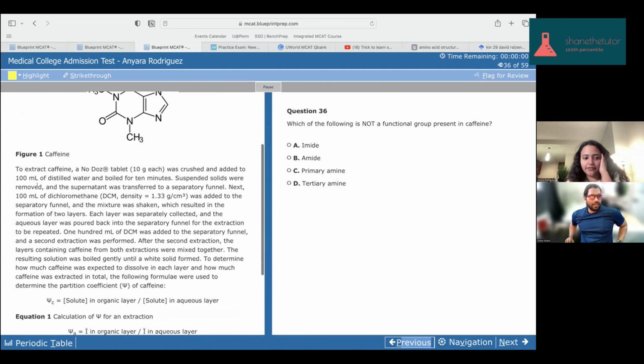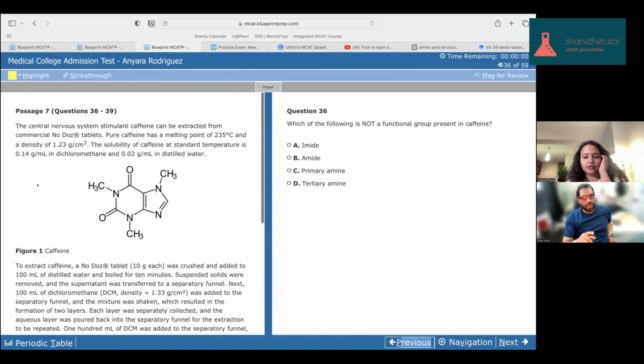To extract caffeine, when you continue, the next thing would be Figure 1. This is the structure of caffeine. Whenever they give you a structure or structures, what do you want to look for? The functional groups. Correct. What functional groups do you see here? An amide.